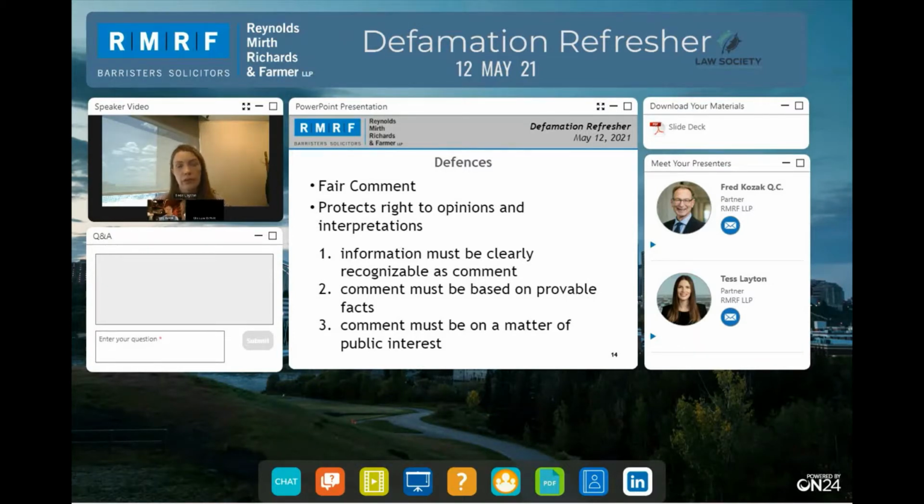And another thing that Fred mentioned earlier that I think is helpful to resurrect here is the concept of a letter. If you're writing a letter and it has defamatory comments and you send it to one person but CC a bunch of other people, we can sometimes run into privilege concerns.